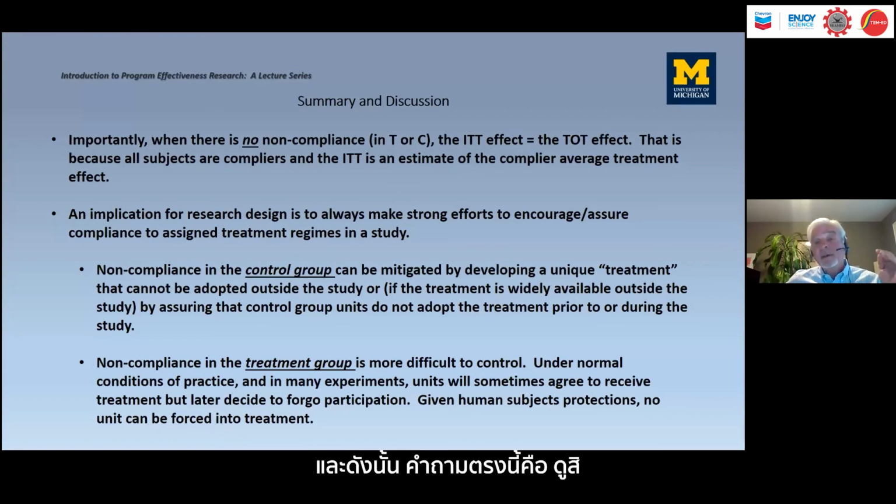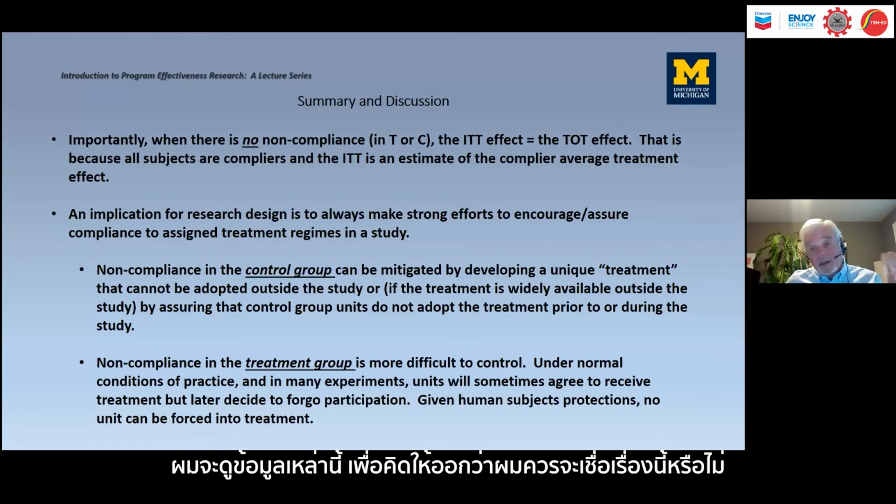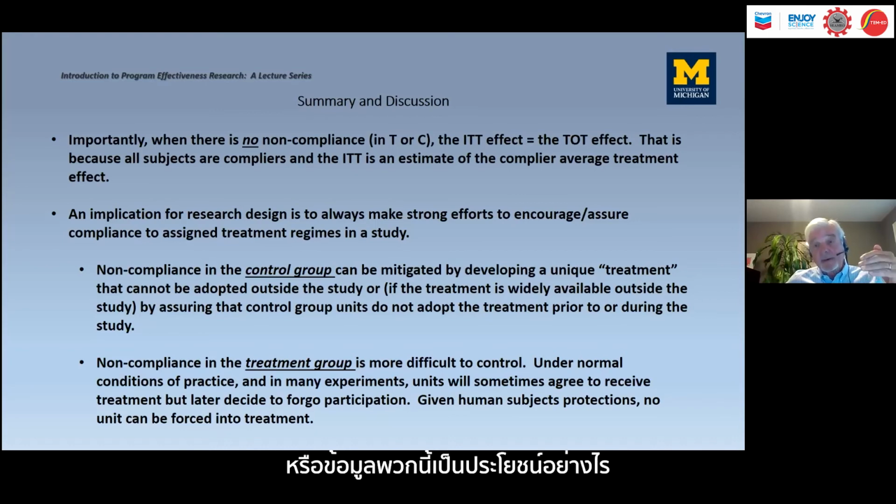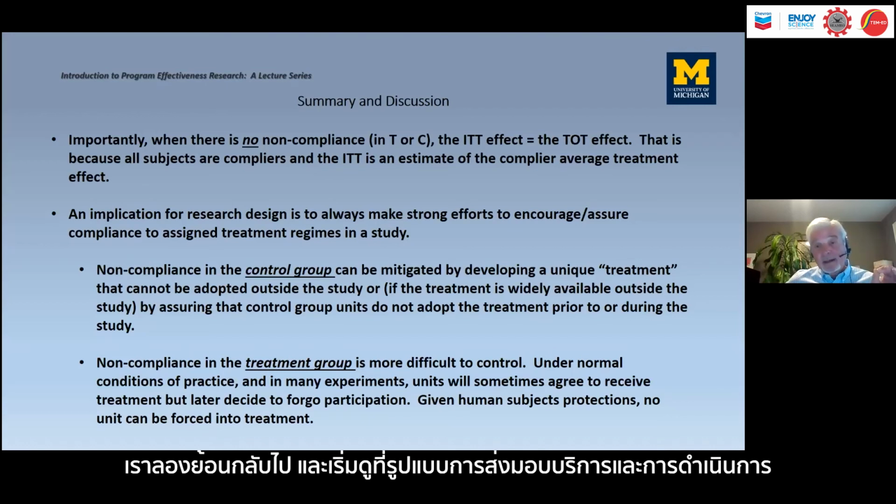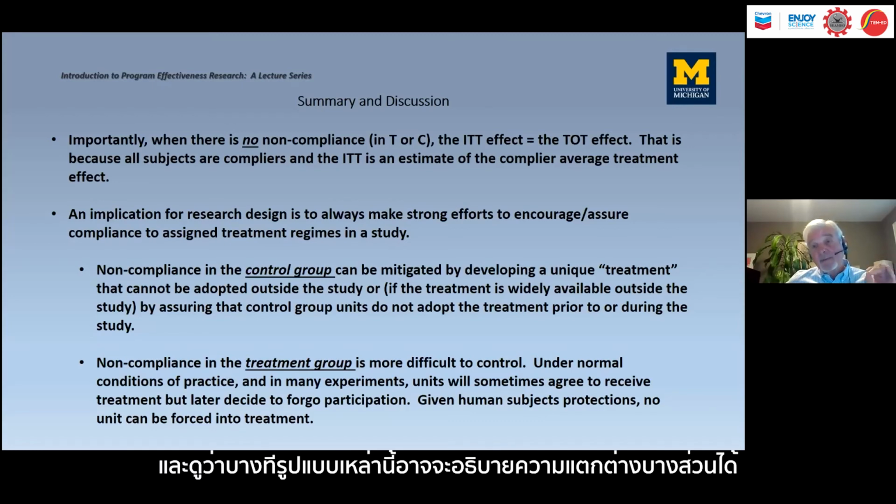And so the question here is, look, should I really believe this? How should I look at these data to try to figure out whether I believe this or how informative it is? So my answer to that question would be, let's go back now and look at patterns of service delivery and implementation and see if perhaps they explain some of the differences.